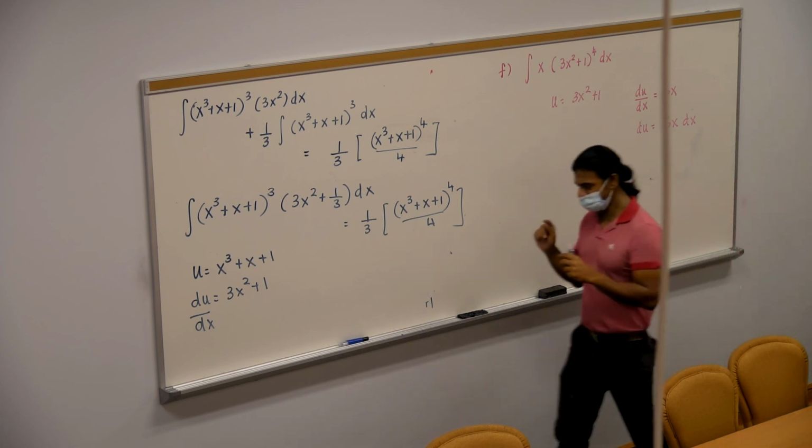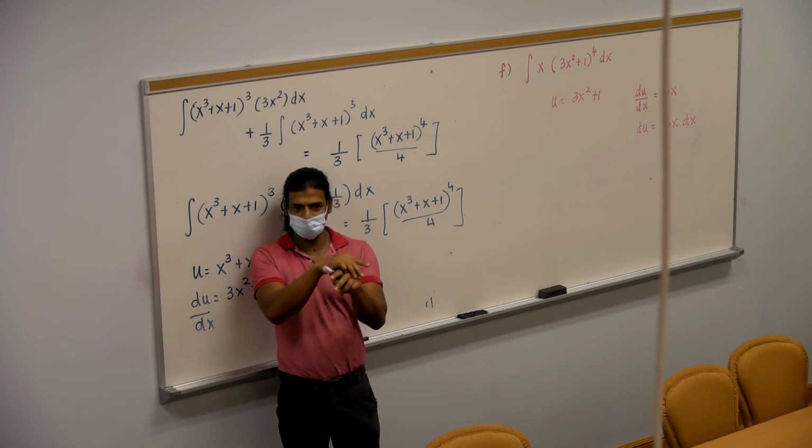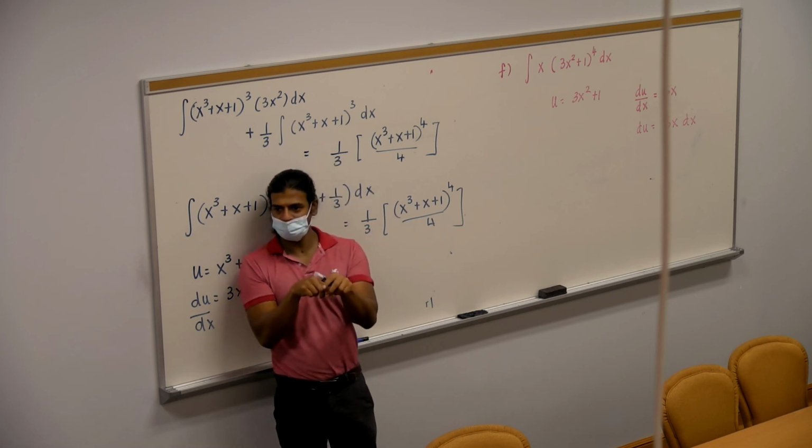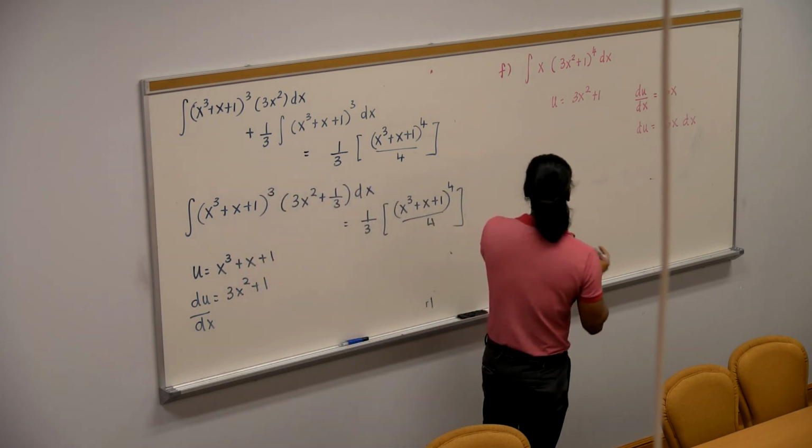Remember the very first step that I did as a trick in the previous problem? Multiplied and divided by 3. Correct? I'm going to multiply and divide by 6.